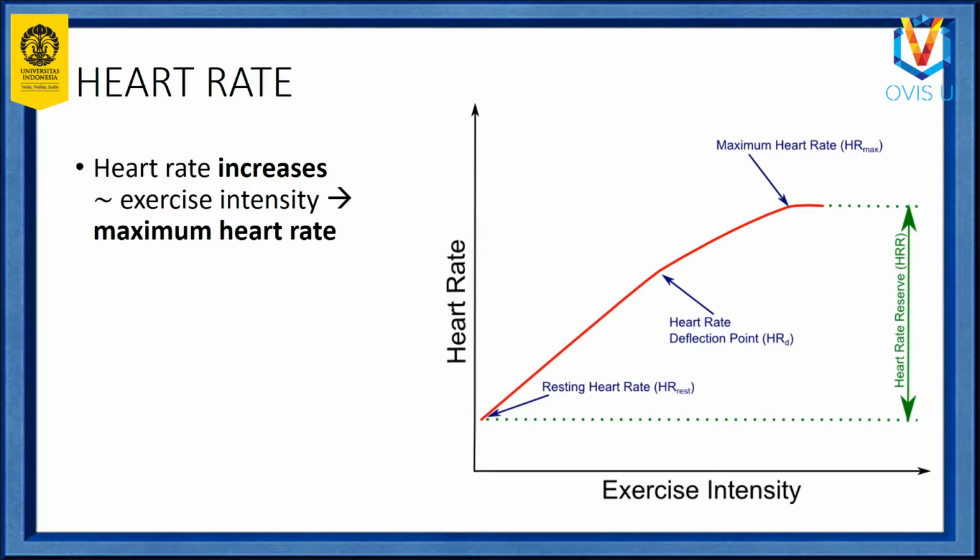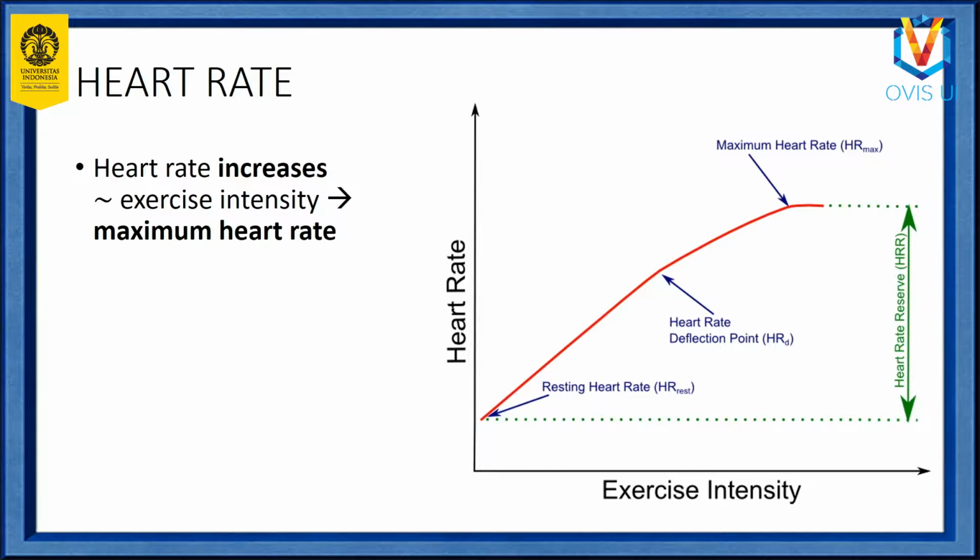The heart rate. After the initial anticipatory response, heart rate increases in direct proportion to exercise intensity until a maximum heart rate is reached. At the beginning of exercise, heart rate increases rapidly due to the inhibition of parasympathetic tone. During light exercise, tachycardia is solely due to the reduction in parasympathetic tone.